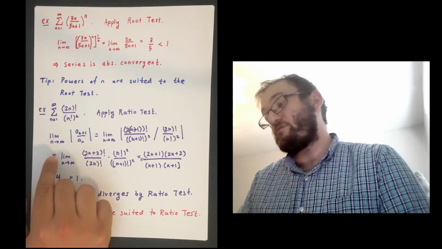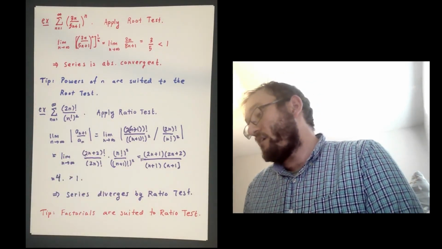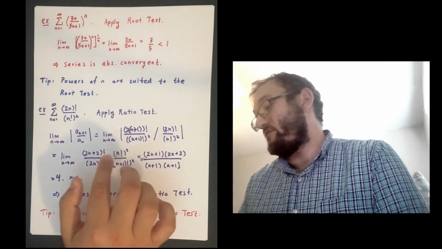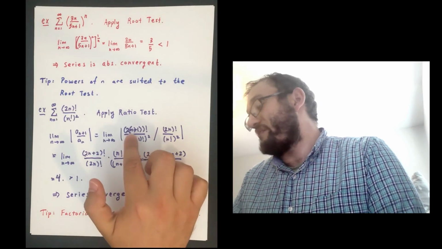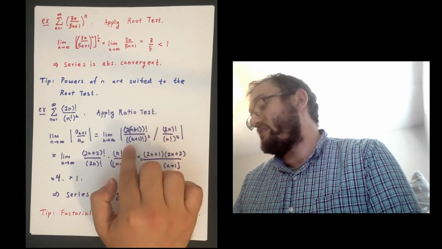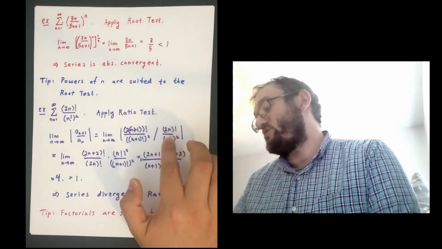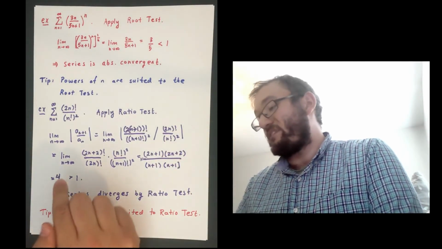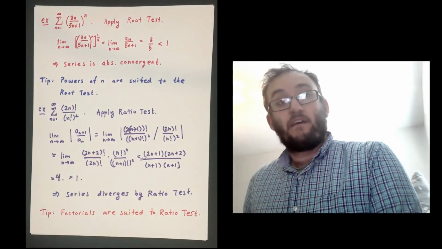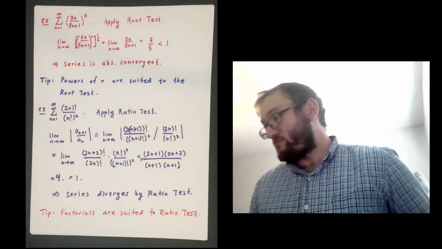We took the limit as n goes to infinity of the absolute value of a sub n plus 1 over a sub n, which, subbing in the formula for each term, we have the limit as n goes to infinity, absolute value of 2 times n plus 1 factorial divided by n plus 1 factorial squared divided by the general term 2n factorial divided by n factorial squared. We dropped the absolute value marks because all of the terms inside were positive.